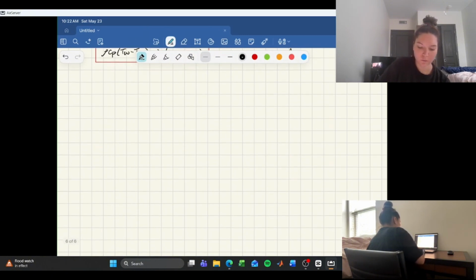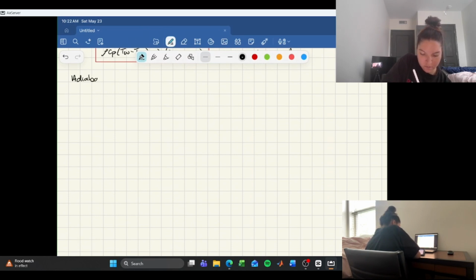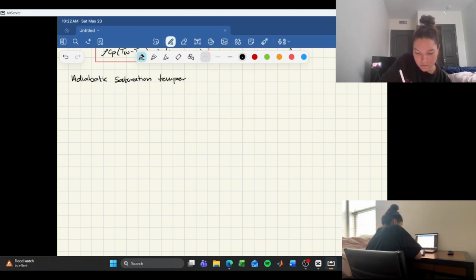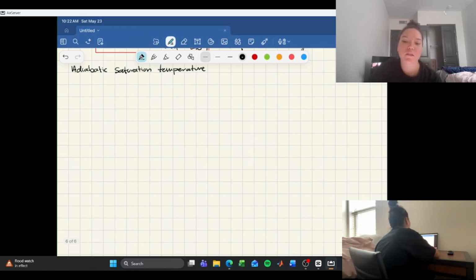So now if we want to look more at adiabatic saturation temperature, we're going to have a different setup for this.